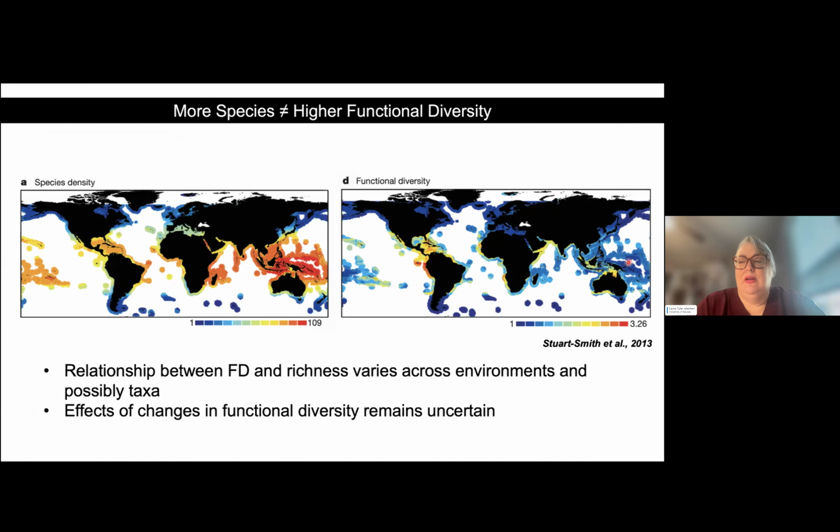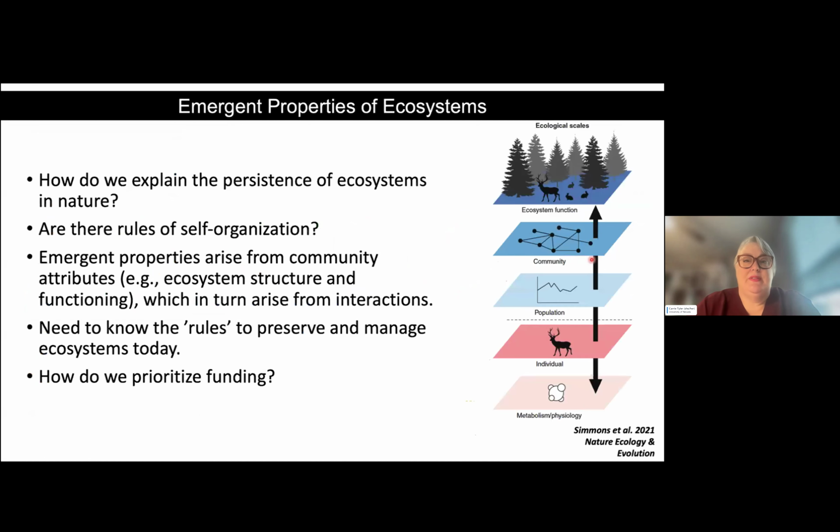So, for example, here in this region, we can see there's very high species diversity, but very low functional diversity. So we can't assume that because we have a lot of taxa, we also have a lot of functions. And so really what happens when an ecosystem is disturbed today, and what happens when we lose biodiversity as well, we really need to understand these relationships.